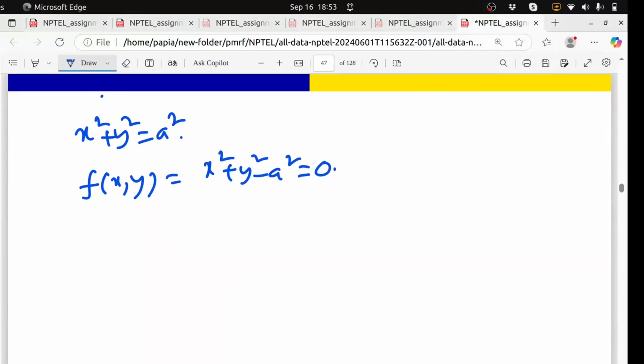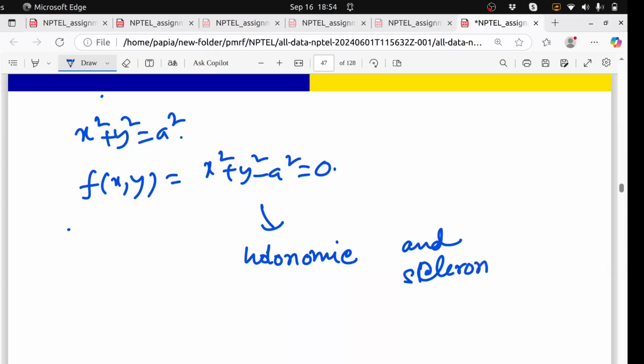So we can see that this is the equation for the holonomic and scleronomic constraint.